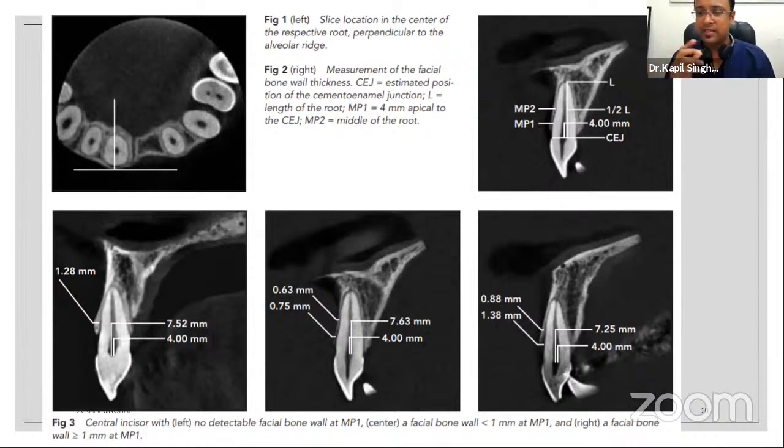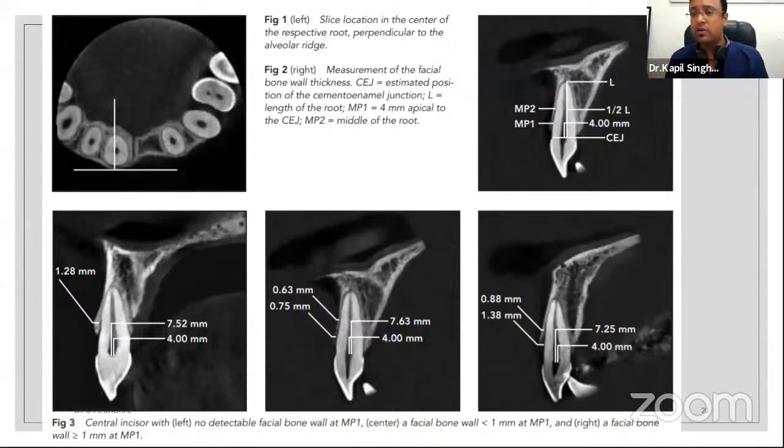in 65% of cases, this facial bone, which I was telling you is very thin and made up of bundle bone, is less than 1 mm in thickness. And they even found that in around 25% of people, this facial bone is not present in the crestal 4 mm.